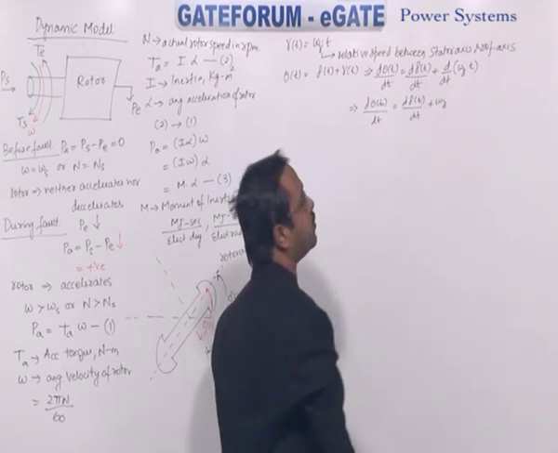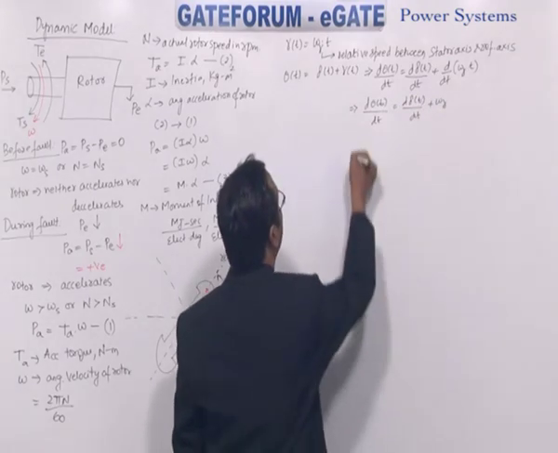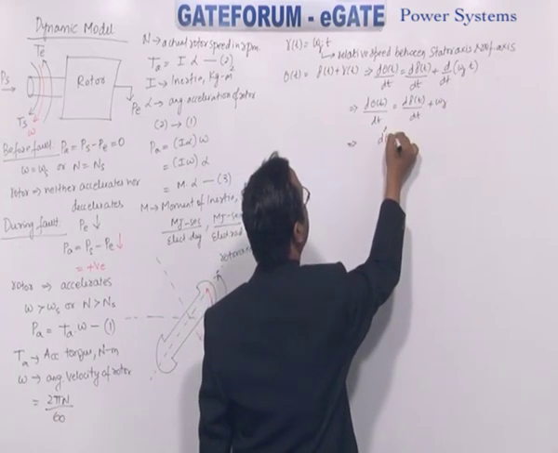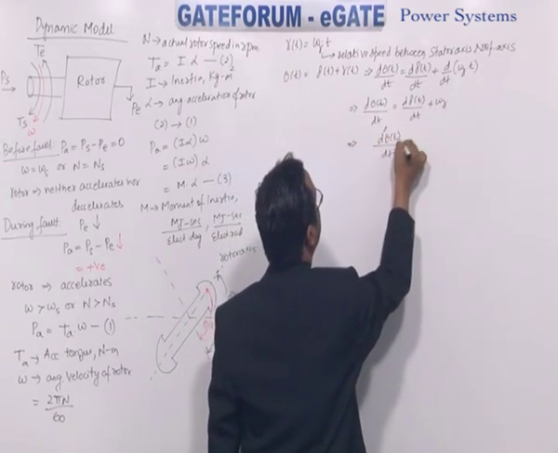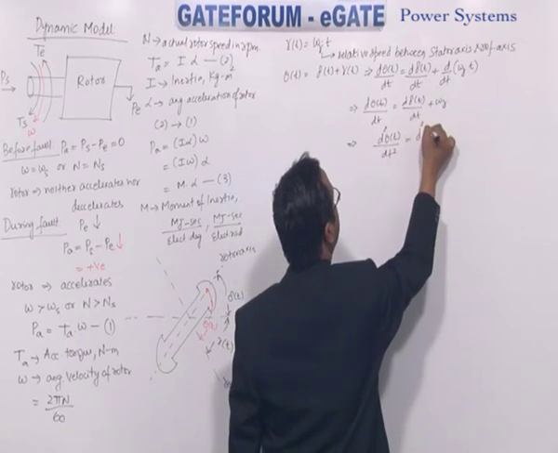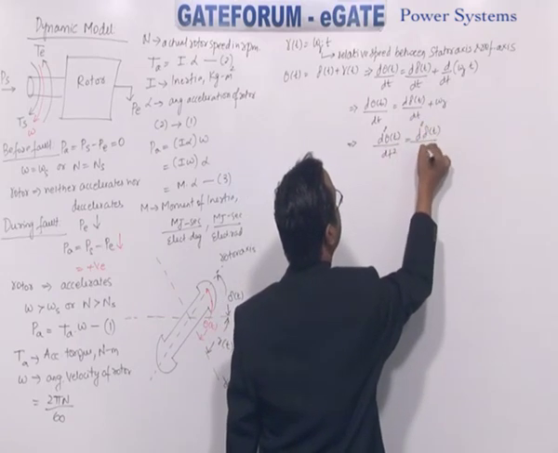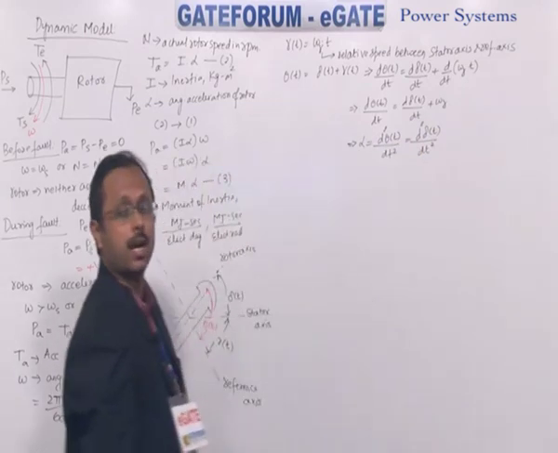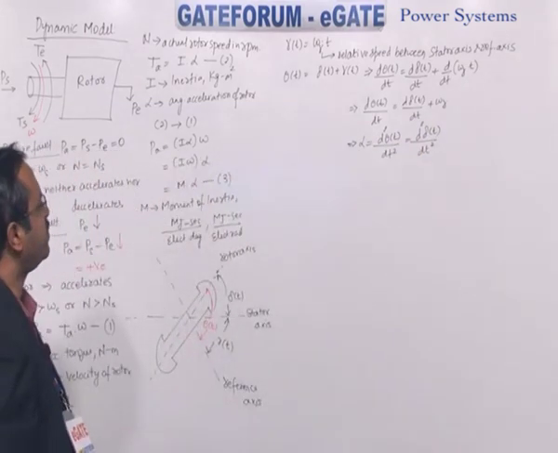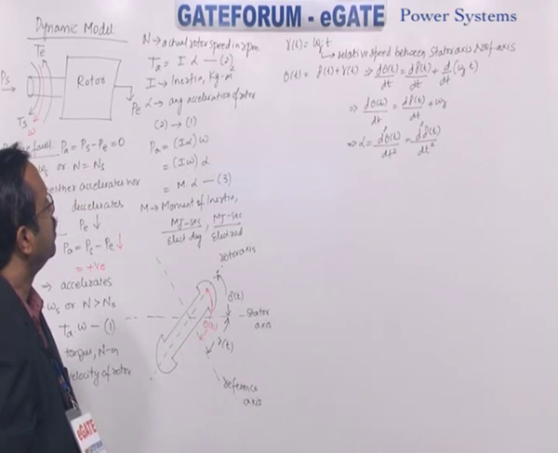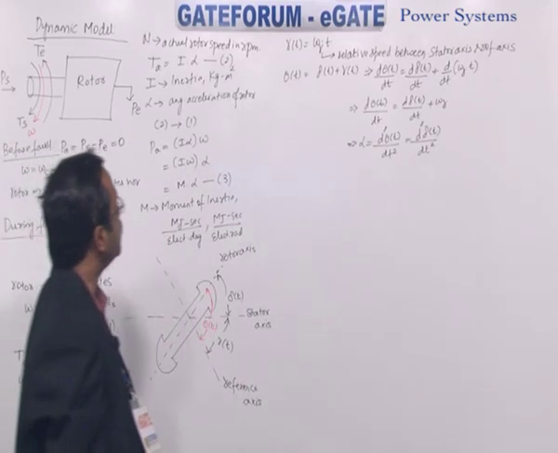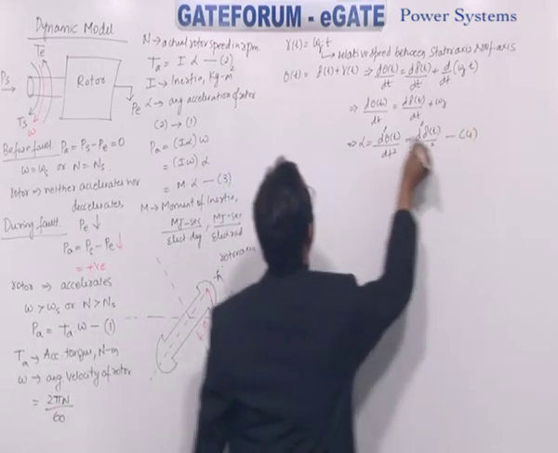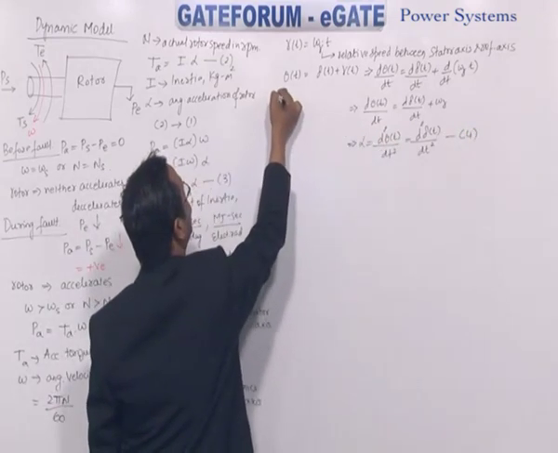Now you differentiate once again. So you mention d square theta by dt square is d square delta by dt square. That is the angular acceleration alpha. So now this equation 3, 4, you substitute in 3. So substitute 4 in 3 now.